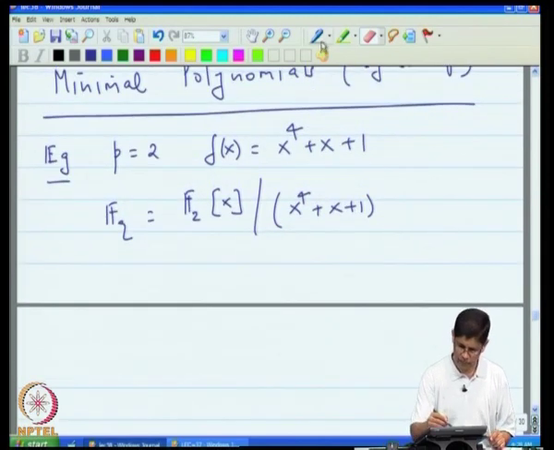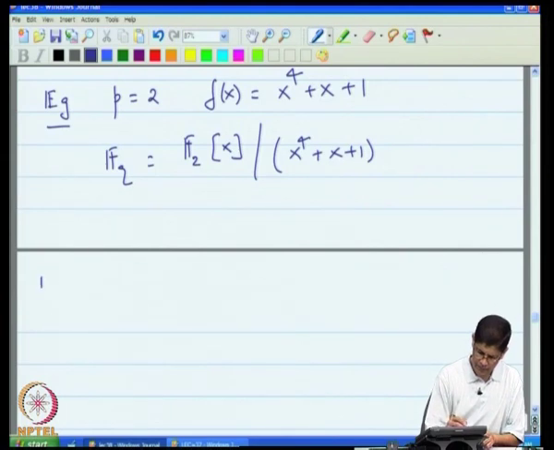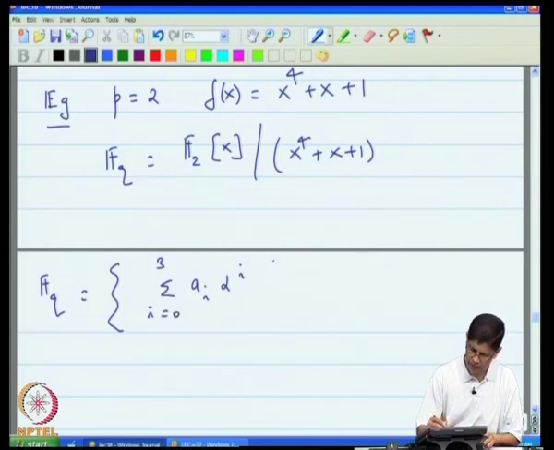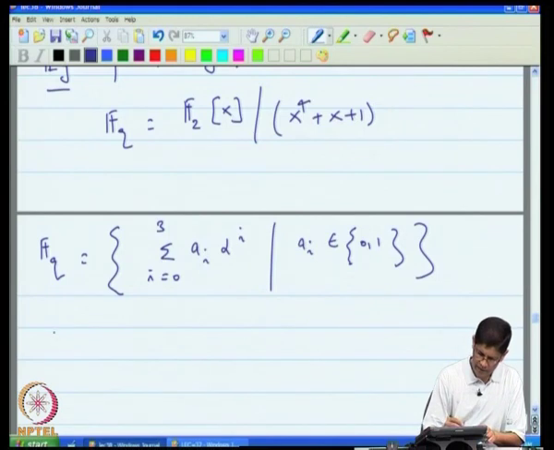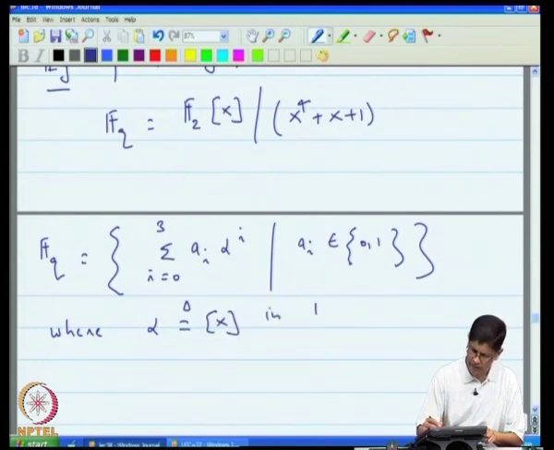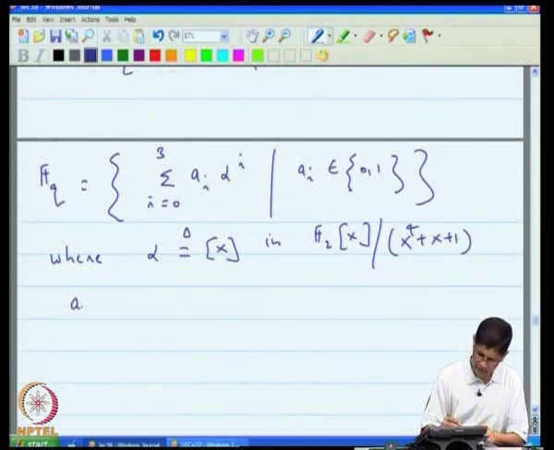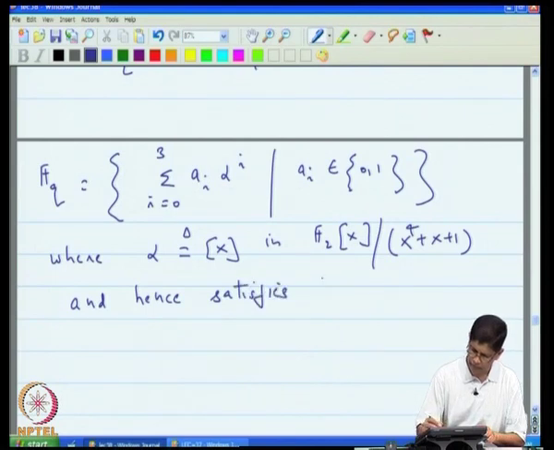And we know that an alternative way of looking at it is that Fq is precisely the set of all polynomials the sum of a_i alpha^i, i equal to 0 to 3, where the a_i are either 0 or 1, where alpha is by definition the equivalence class of x in F2[x] mod x^4 plus x plus 1, and hence satisfies alpha^4 plus alpha plus 1 equal to 0.